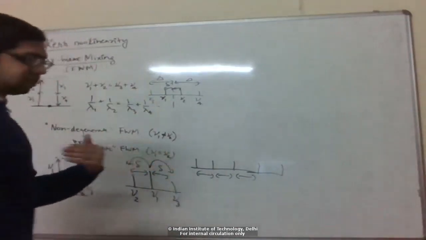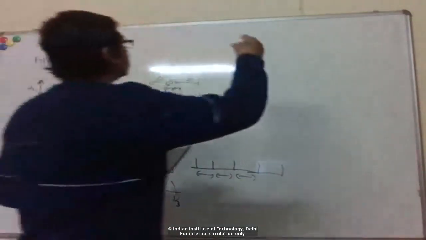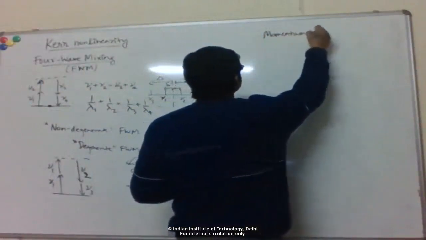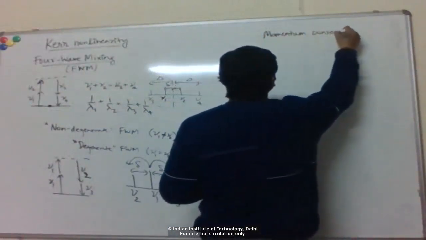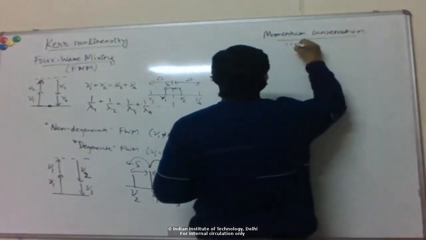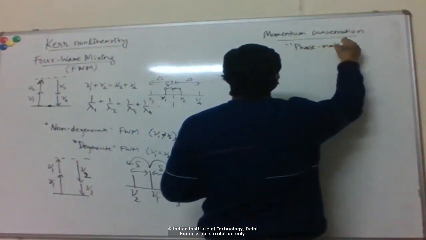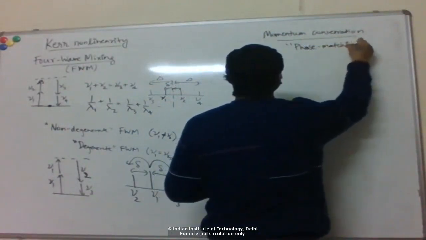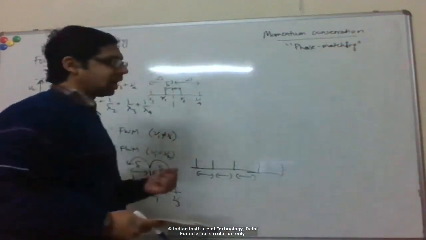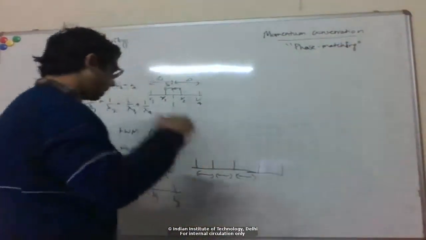So in the fiber case, basically we have this propagation constant beta. For this process to happen, you also need what is known as momentum conservation or phase matching, basically because momentum is the wave vector for optical waves, and the wave vector basically is phase.